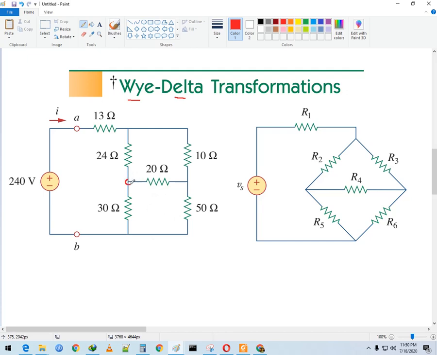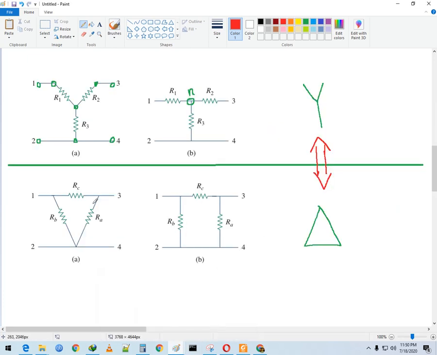Let's call these nodes X, Y and B. So you see that X and B has 30 ohm, X and Y has 20 ohm in between, and B and Y has 50 ohm in between, just like the delta circuit we had earlier.